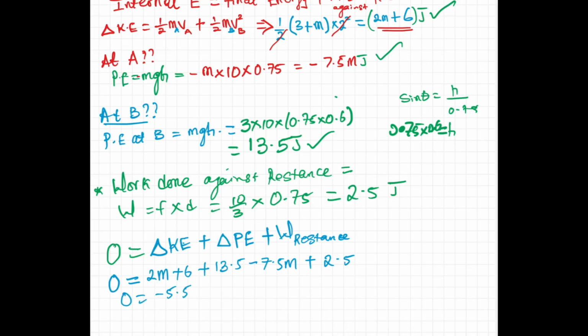Then we have 6 plus 13.5 plus 2.5, that is 22. This is m here. So m, move it to the other side, 22 over 5.5. That gives me 4. So my m is 4.